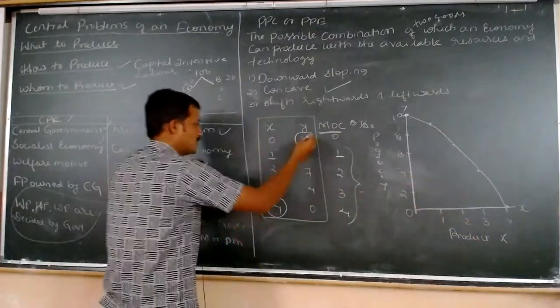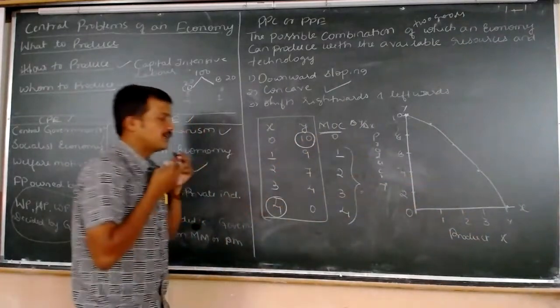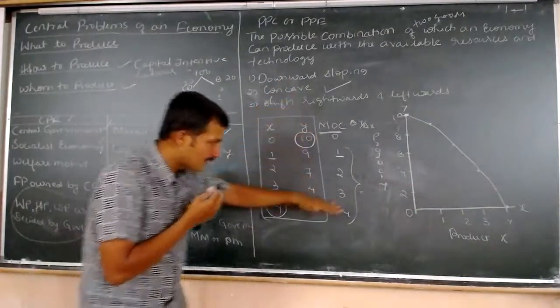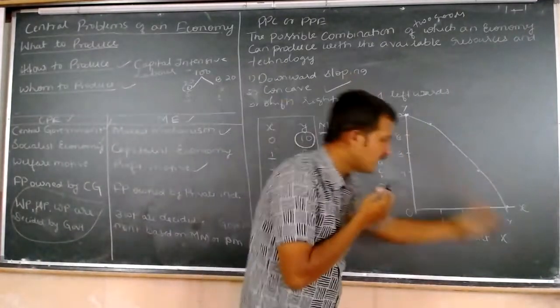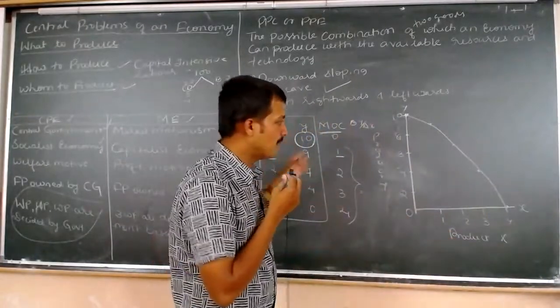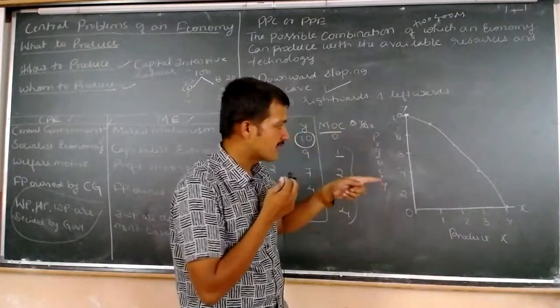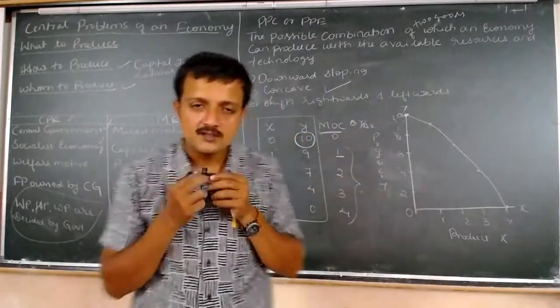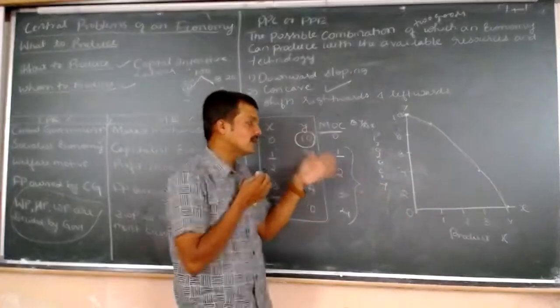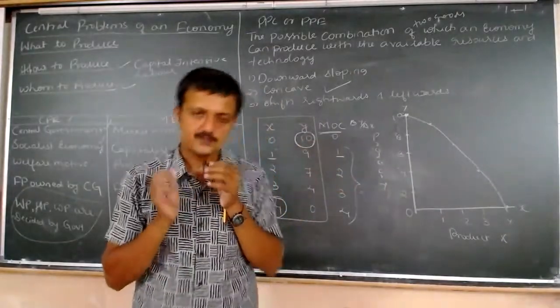It is because of this increasing opportunity cost. Remember, if this opportunity cost was the same, then it would have definitely looked like a straight line, right? And remember, if somebody asks you why it is not a straight line and why it is concave, the answer should be because of the increasing opportunity cost.